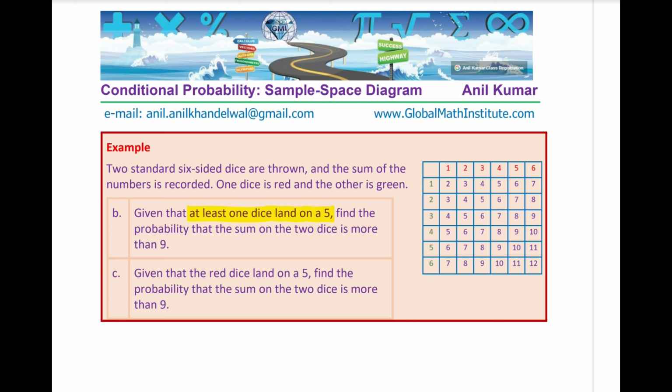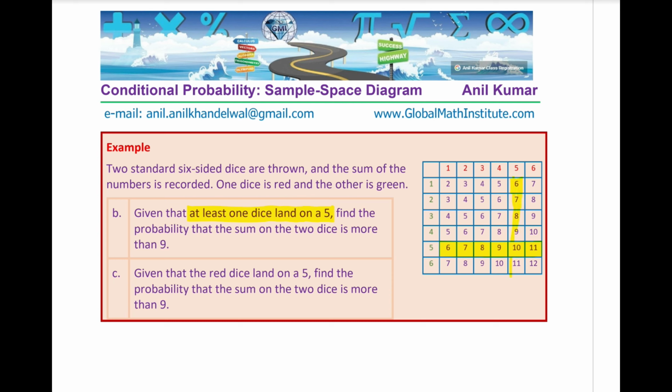So when we say at least, then either the green one is on 5, so let me just shade what these possible numbers are. If the green one lands on 5, then the sum could be 6, 7, 8, 9, 10, or 11. And if the red one, at least one means either one of them, right?